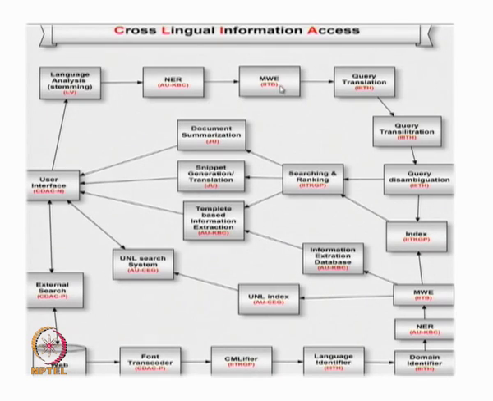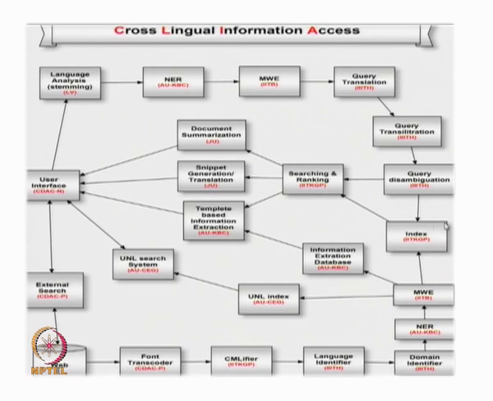Multi-word expression identifies things like Good Friday. Query translation achieves conversion of words into target language words. Query transliteration achieves converting proper nouns in the query language into the proper noun written in the script of the target language. Query disambiguation produces the actual meaning of the words and thereby improves the precision of the documents which are retrieved.